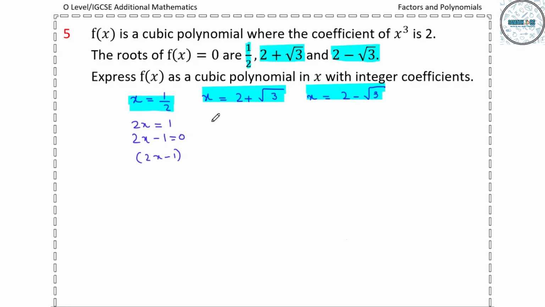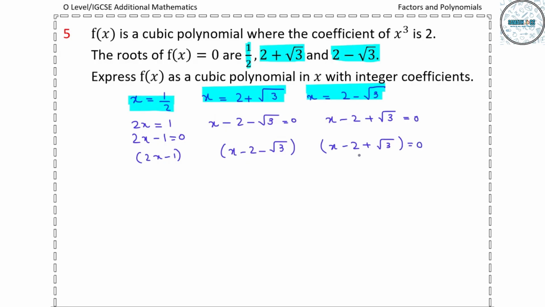We can write it as x minus 2 minus under root 3 is equal to 0. So x minus 2 minus under root 3 is the second factor. x is equal to 2 minus under root 3, so the third factor is x minus 2 plus under root 3.